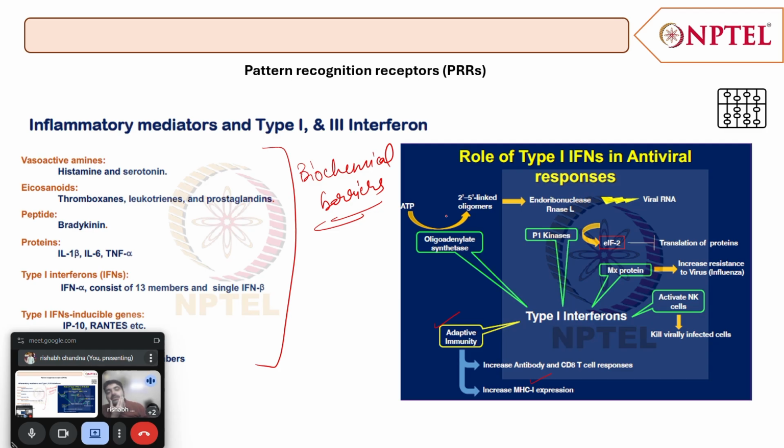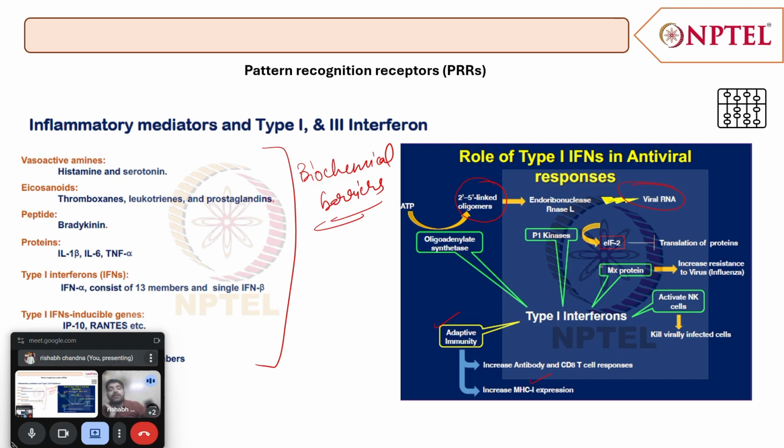Then we have oligoadenylate synthase. When ATP is linked into oligomers, it activates the endoribonuclease RNase L, and RNase L can degrade the viral RNA.